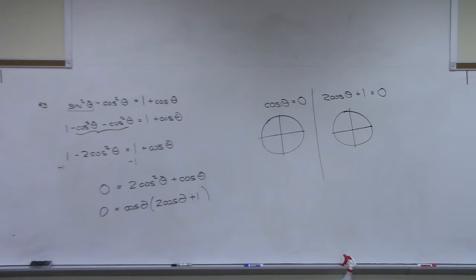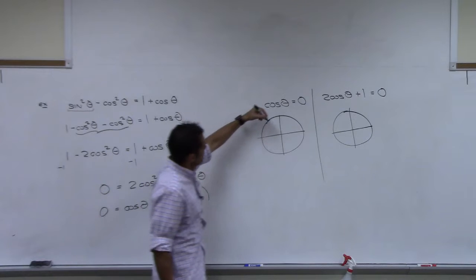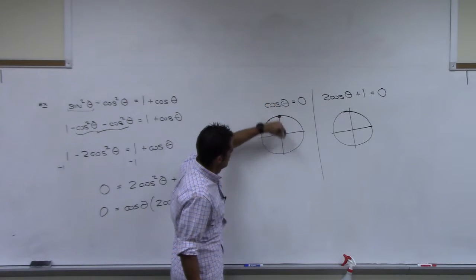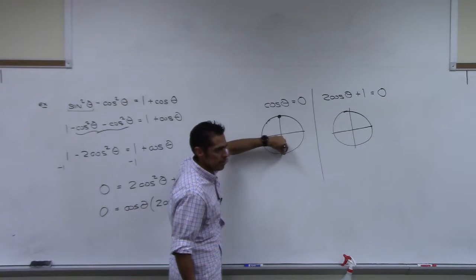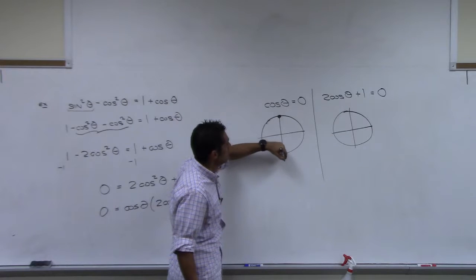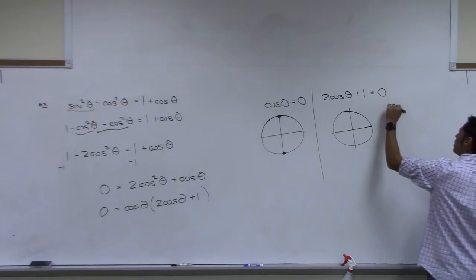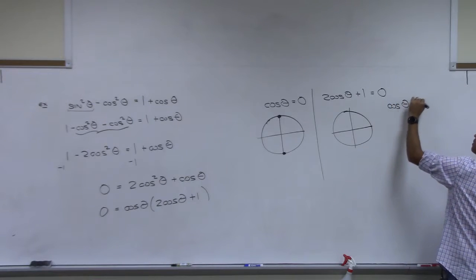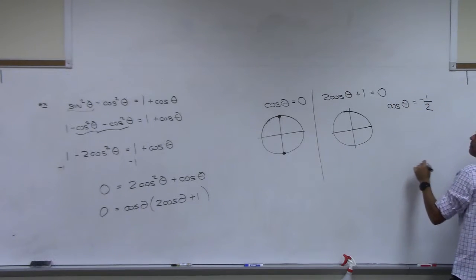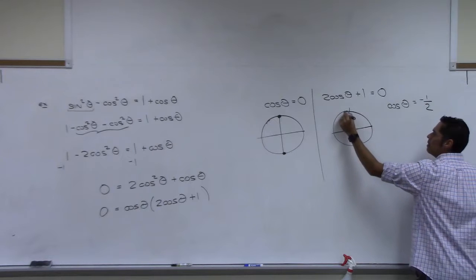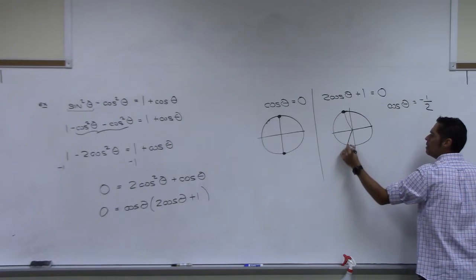Where are my dots on that first one? Straight up, right? And straight down. Pi/2 and 3pi/2. This one I haven't isolated, but this should turn out to be cosine theta is -1/2. That's going to be here and here.